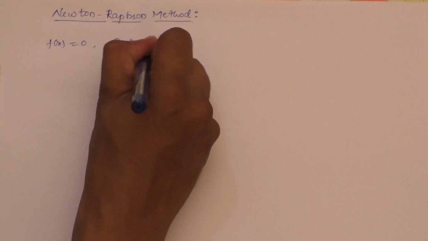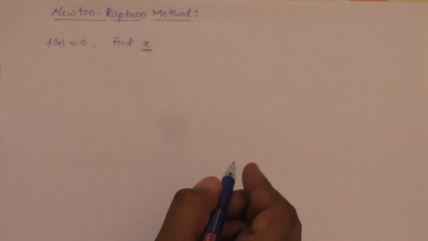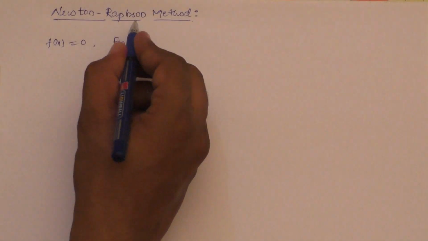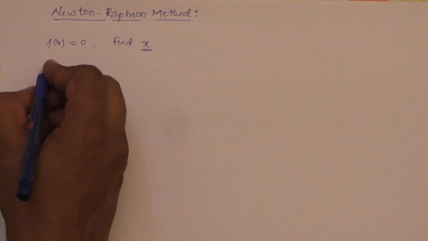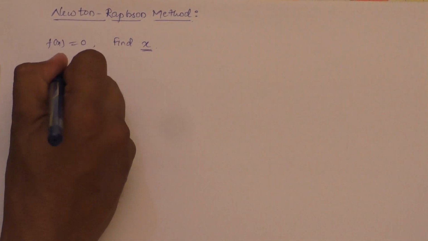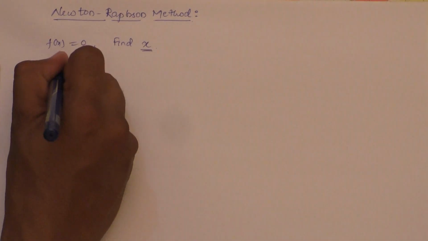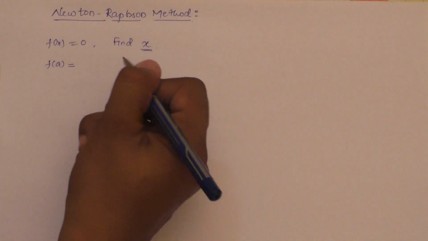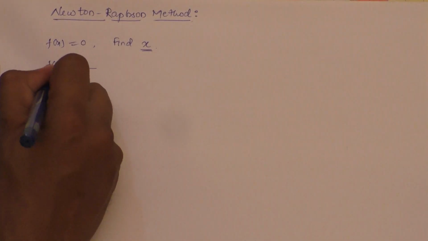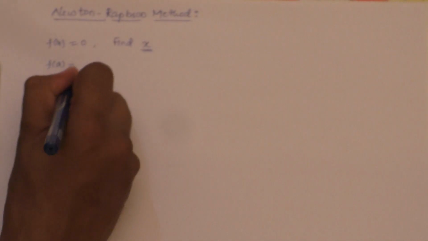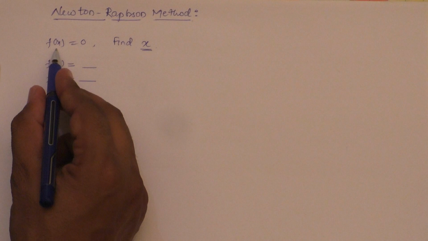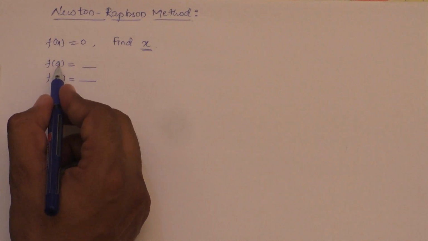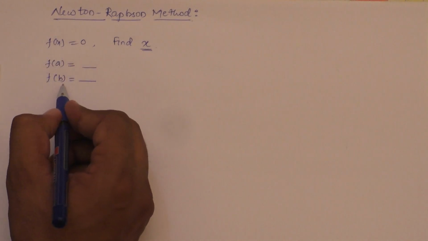For a given equation f of x equal to 0, usually the question will be to find x, find the root of the equation, find the solution of the equation by applying the Newton-Raphson method. In this method, whenever f of x is given, substitute simple values like 0, 1, 2, 3, 4 and so on in place of x.